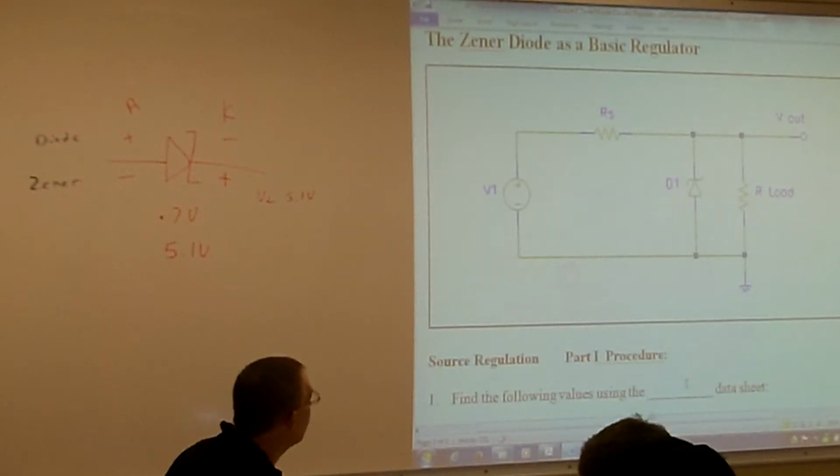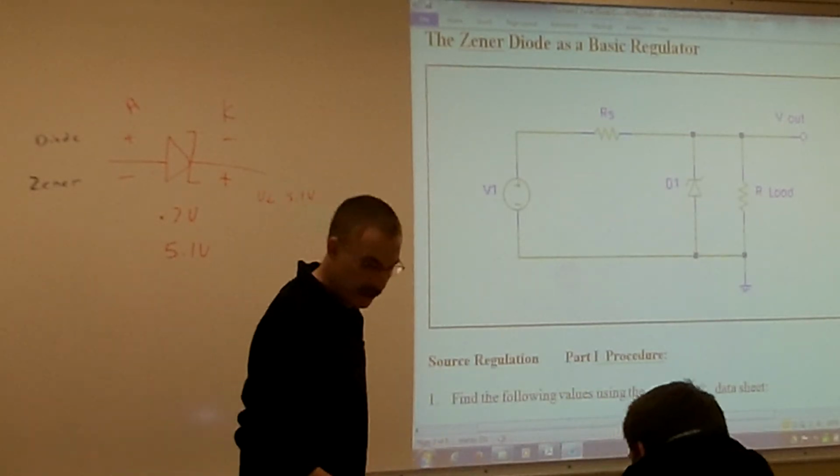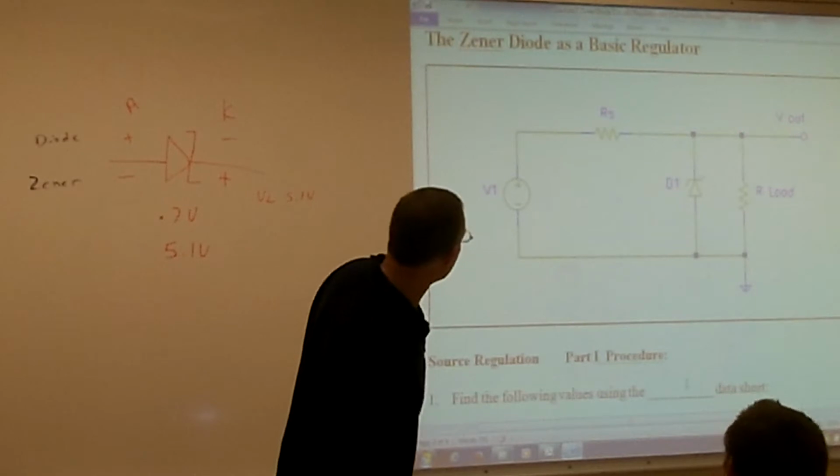All right, so here's a basic Zener regulator circuit.